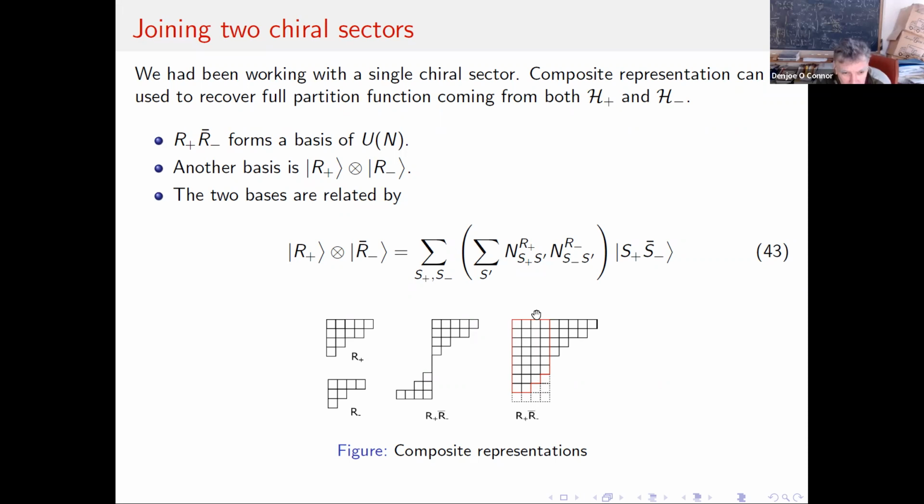So I think there's a complementary representation to R minus which has been added to R plus. Maybe that's what's really going on here, that you have taken the complement of R minus and adjoined it to R plus.